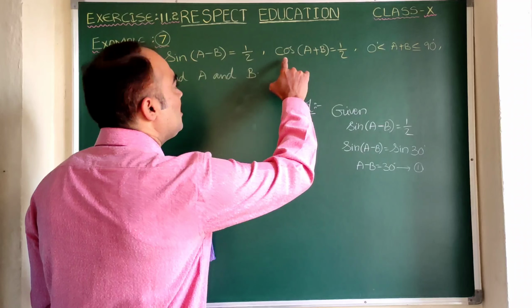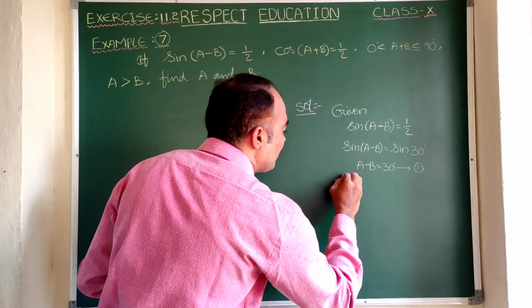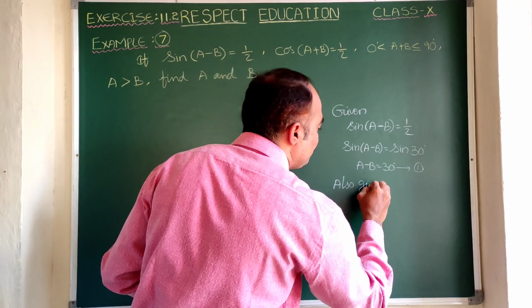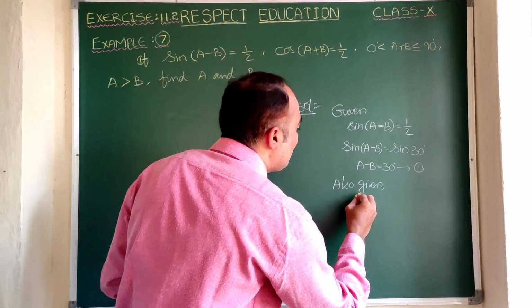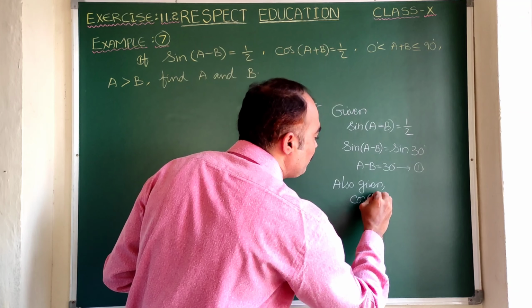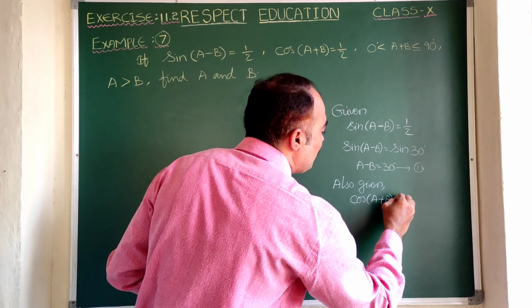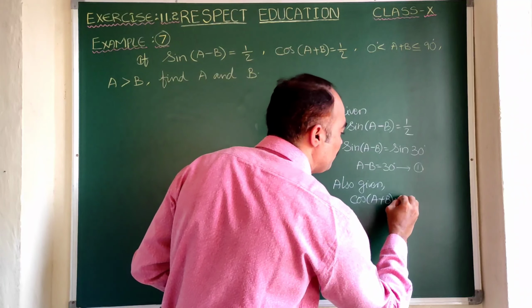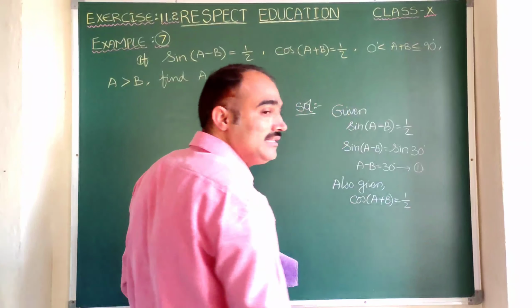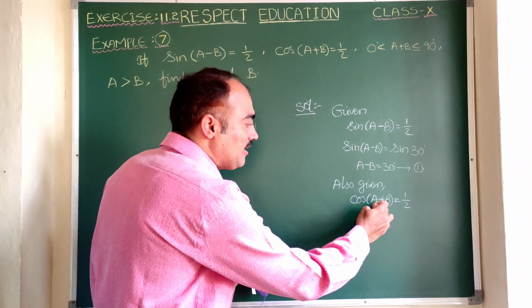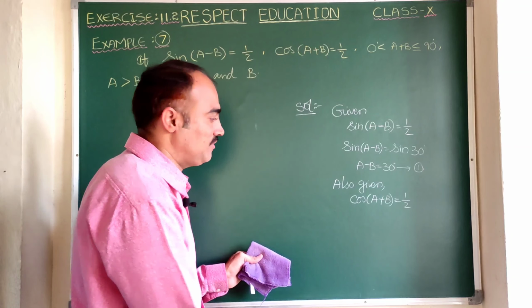Now here also given cos of a plus b is equal to 1 by 2. Again same, it is in the trigonometric ratio, that is cosine means cos.